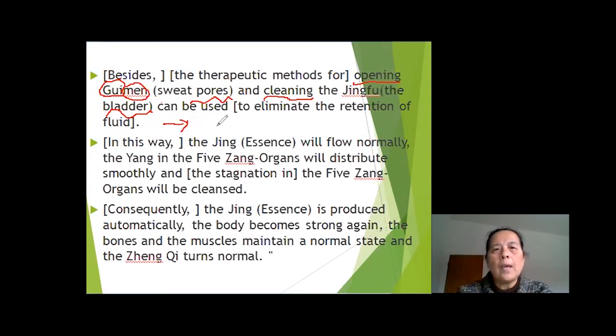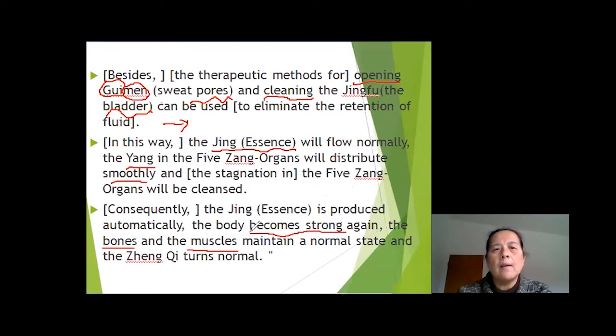In this way, we try to recover the Jing essence, the Zang organ functions, and yang qi, making everything move smoothly. When yang qi recovers, the body will gradually get strong, including strong bones and muscles, which is good maintenance.